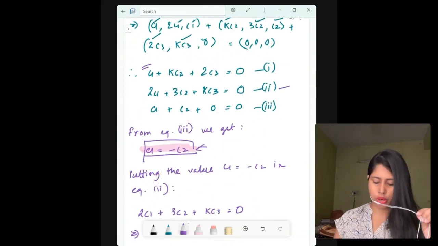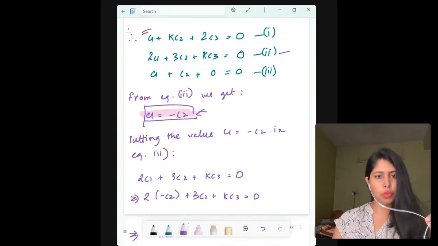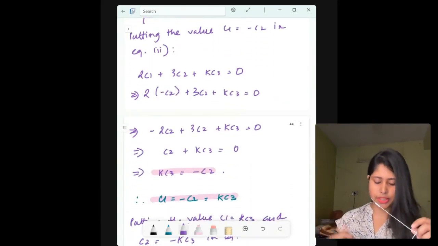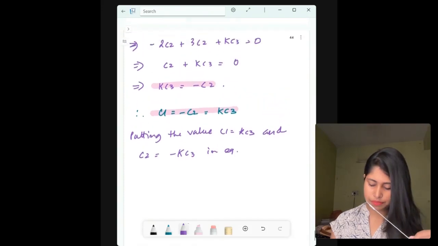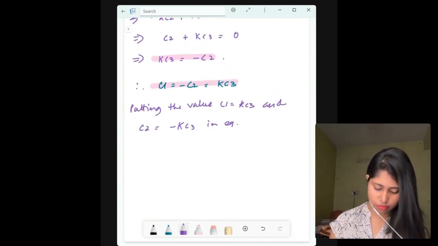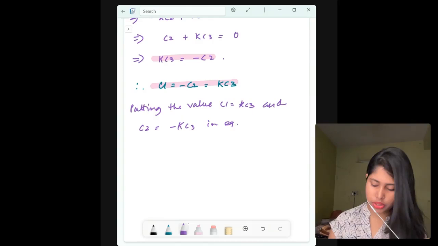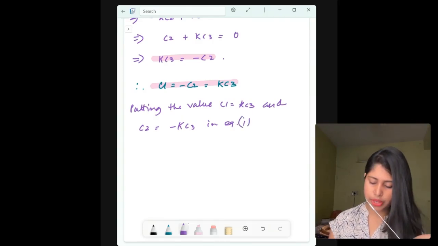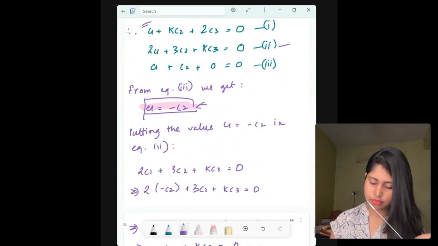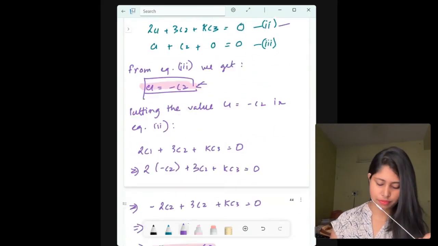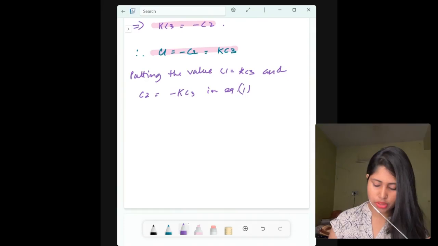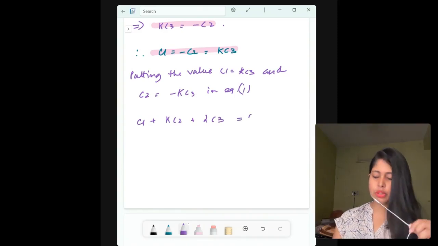In equation number 1, then what do we get? Then we will get the relation between kc2 and kc3, right? Let me write equation number 1 first: c1 plus kc2 plus 2c3 equals 0.